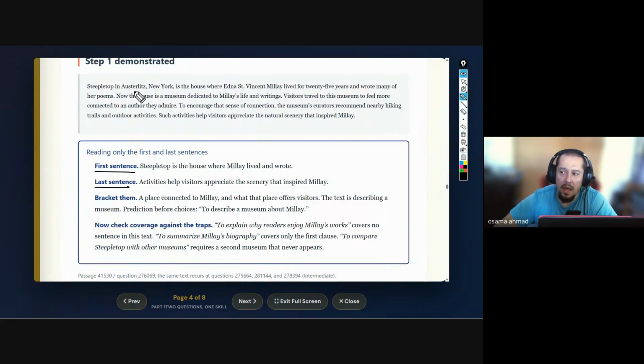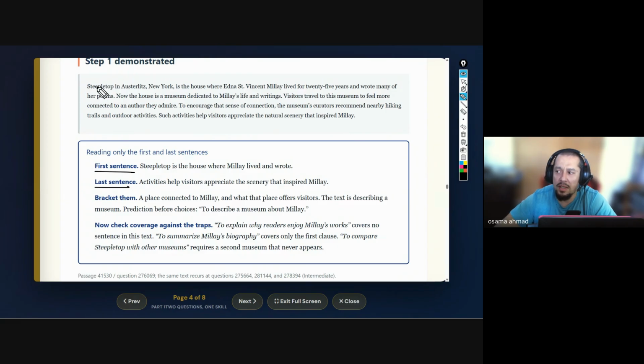Steep Lop in A, New York is the house where E lived for 25 years and wrote many of her poems. Now the house is a museum dedicated to Malay's life and writings. Visitors travel to the museum to feel more connected to an author they admire. To encourage this sense of connection, the museum's curators recommend nearby hiking trails and outdoor activities. Such activities help visitors appreciate the natural scenery inspired by Malay.